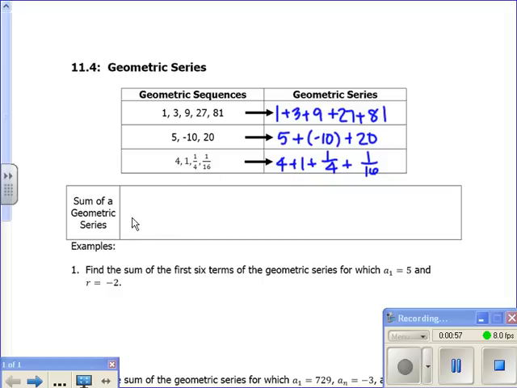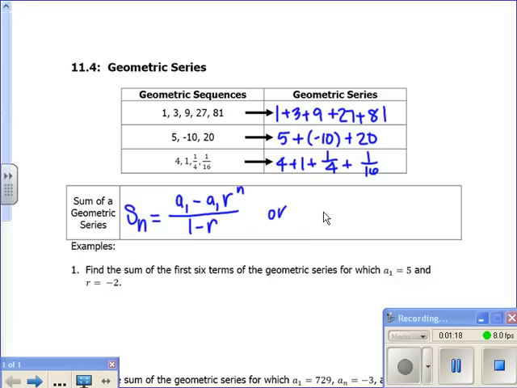So the sum of a geometric series, another formula to remember. S sub n equals a sub 1 minus a sub 1 times r to the n power, all over 1 minus r.